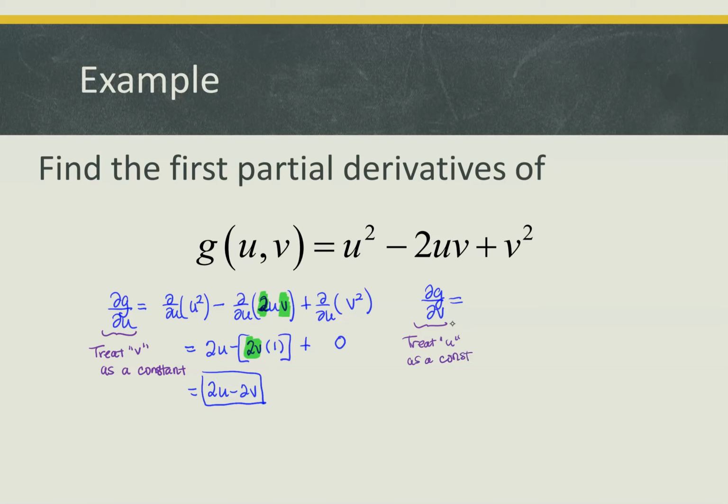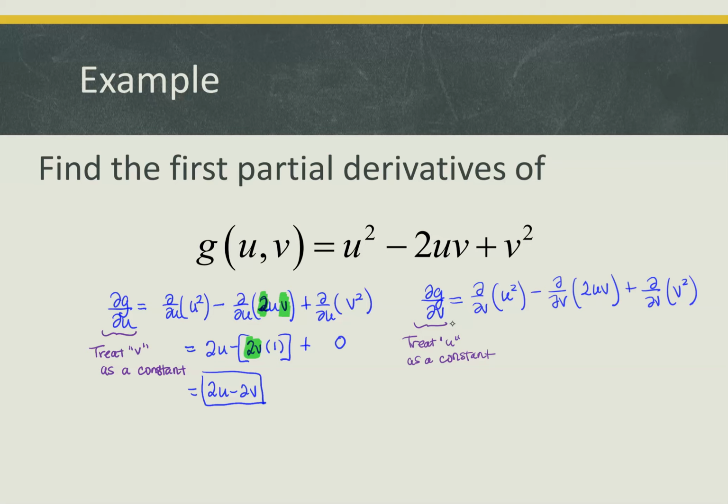So any occurrence of u in the function is treated as though it were a constant. So we're going to have the partial with respect to v of u squared minus the partial with respect to v of 2uv plus the partial with respect to v of v squared.